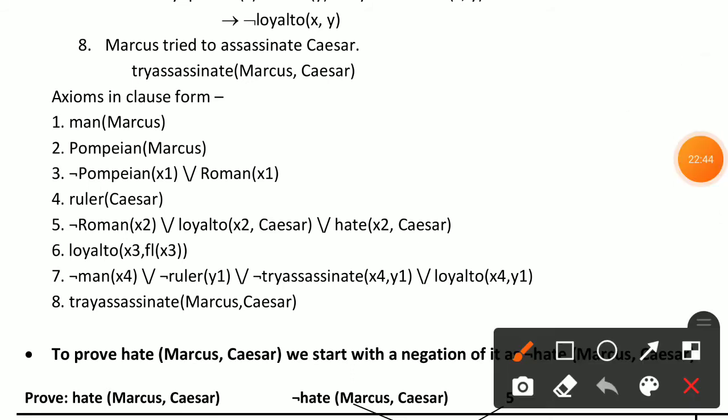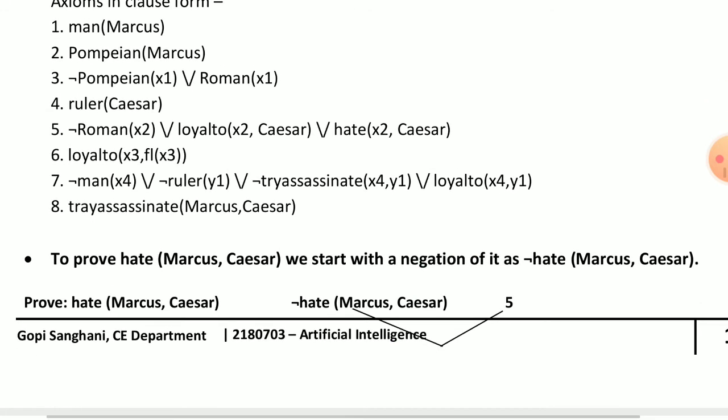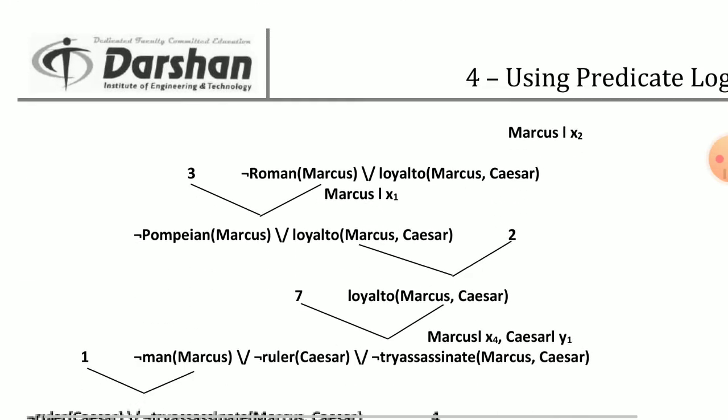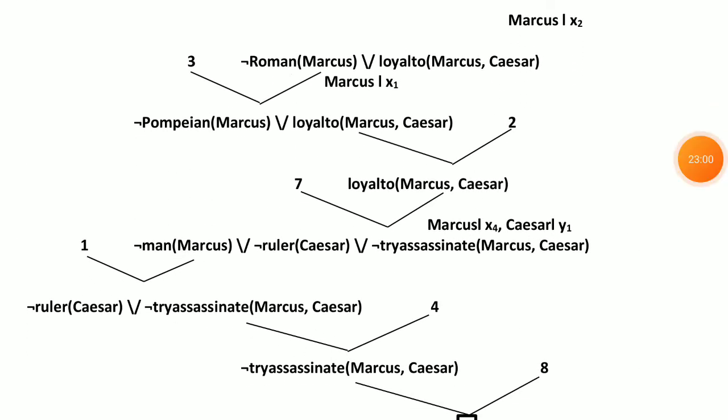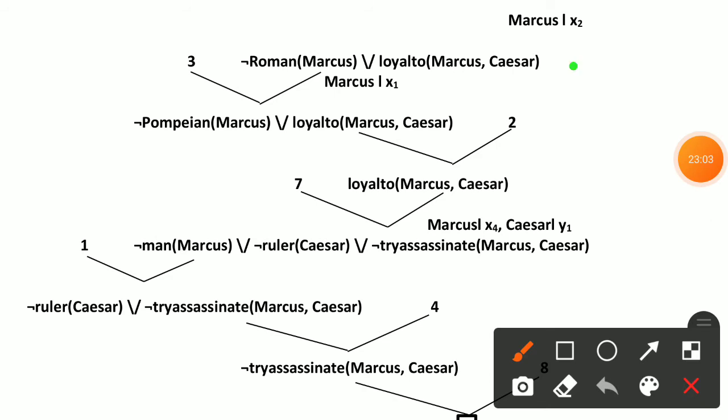It is the fifth sentence, so we can write not Roman Marcus or loyal to Marcus comma Caesar. This is our third sentence. So we can write this sentence like this: not Pompeian Marcus or loyal to Marcus comma Caesar.